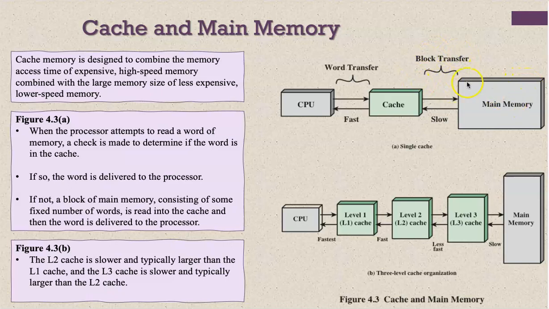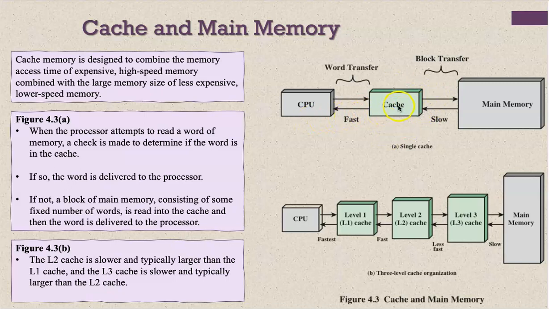This is why the unit of transfer is block. And then the block is transferred to the cache. The cache goes through the block, sees which word the CPU wants to read, and then returns the data to the CPU. So this is for a single cache.